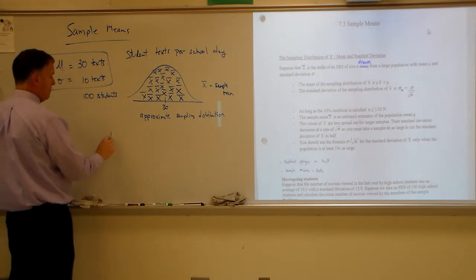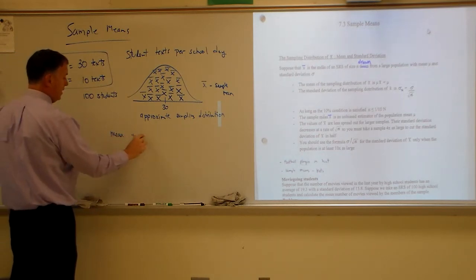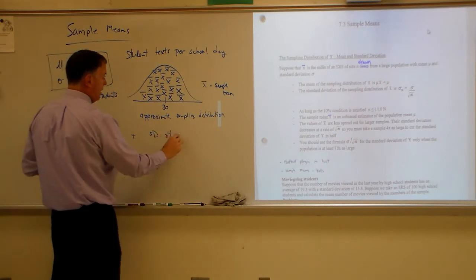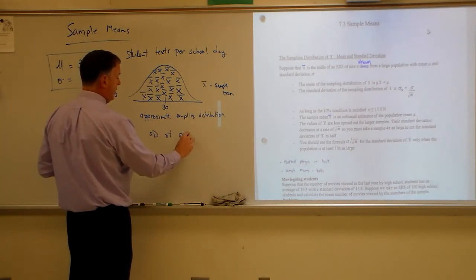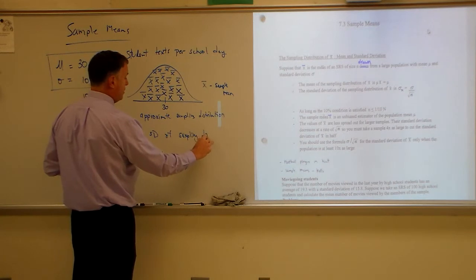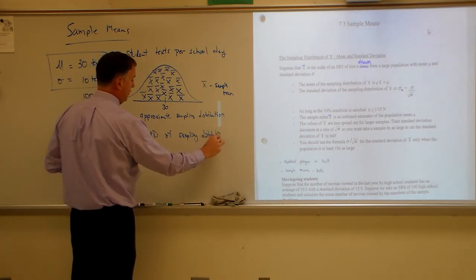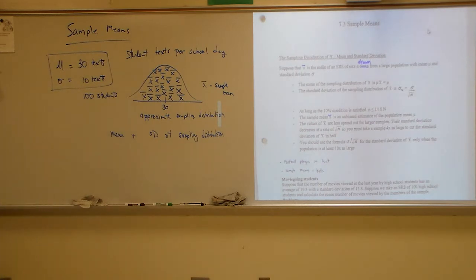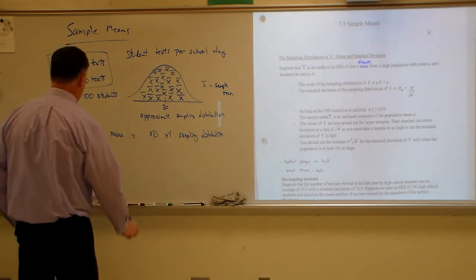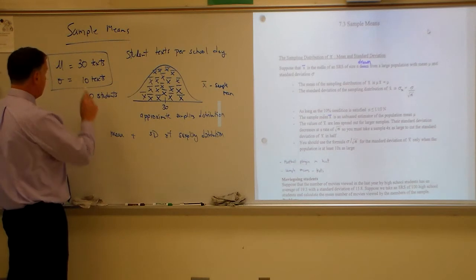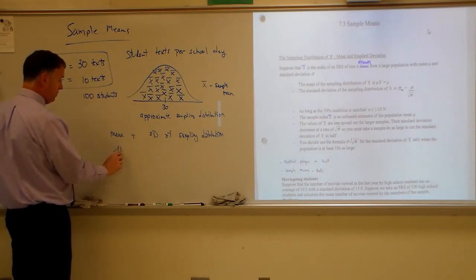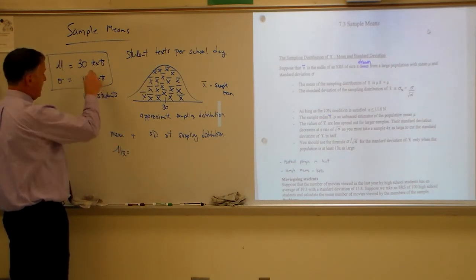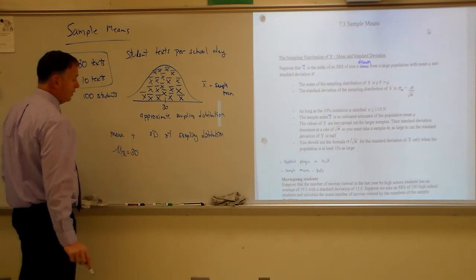Now let's find out what the mean and the standard deviation of the sampling distribution is. The mean of the sampling distribution is the same as the mean of the population. So the mean of my sampling distribution, the mean of my X bars, we are going to say is 30.